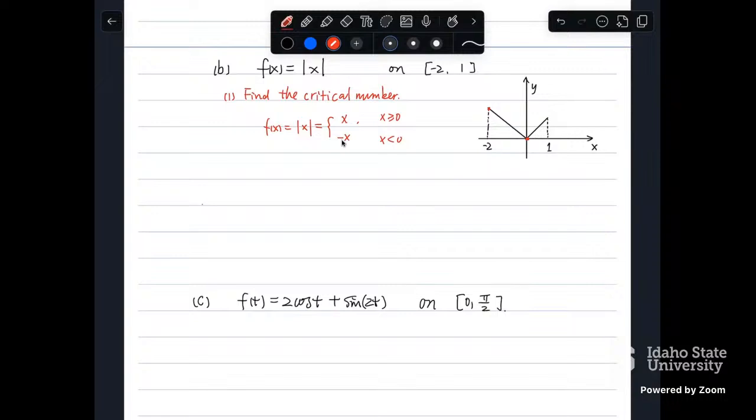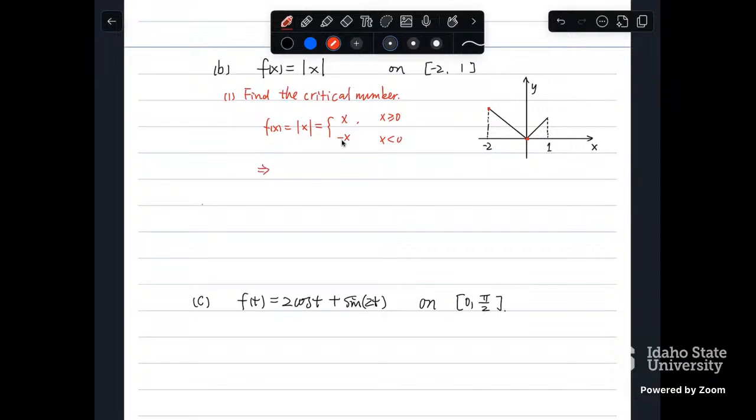So you can rewrite your function as a piecewise defined function. When x is positive, if you take the derivative, it gives you 1. When x is negative, the derivative gives you -1. But at x equals 0, you have a sharp turn, so that means it's not differentiable.